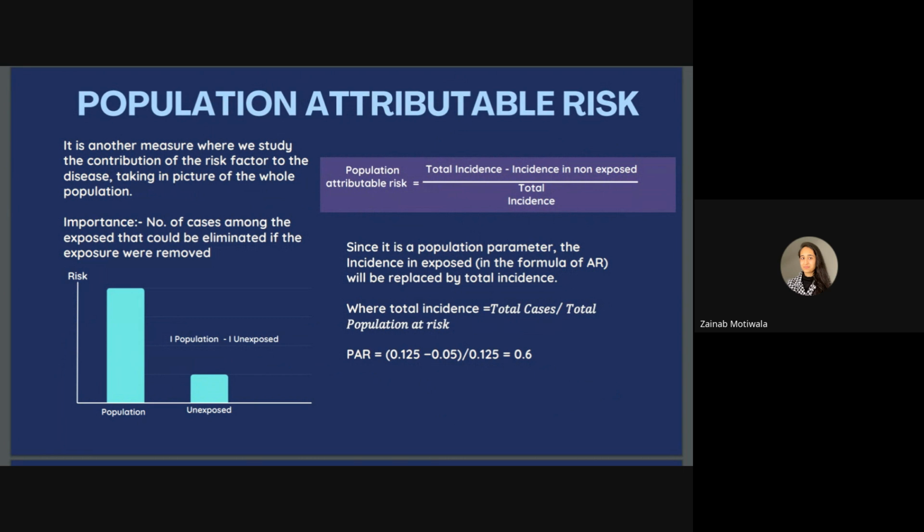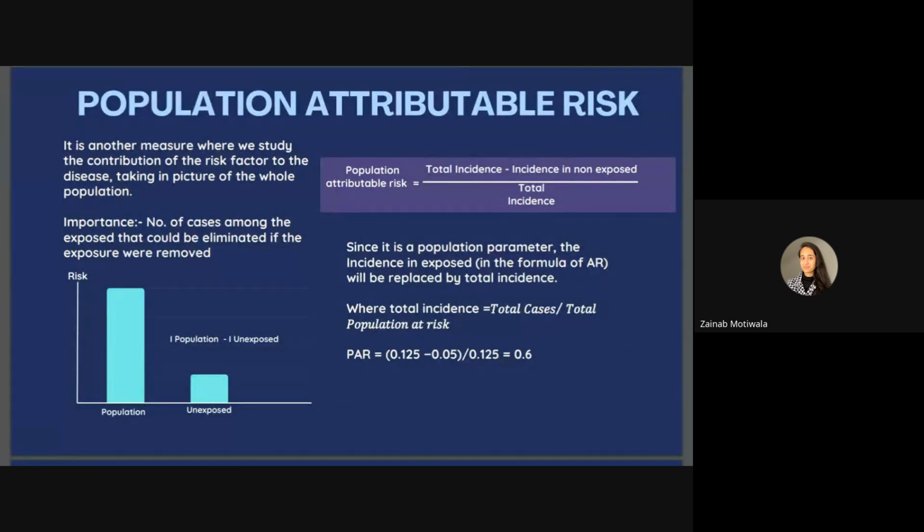Now let's talk about how we can calculate population attributable risk. So population attributable risk would be the total incidence that we found in the entire population, subtracting the unexposed, as can be seen in this graph. So it would be this particular portion divided by the total incidence. What this parameter tells us is the contribution of a risk factor to a disease, and this takes into picture the entire population.